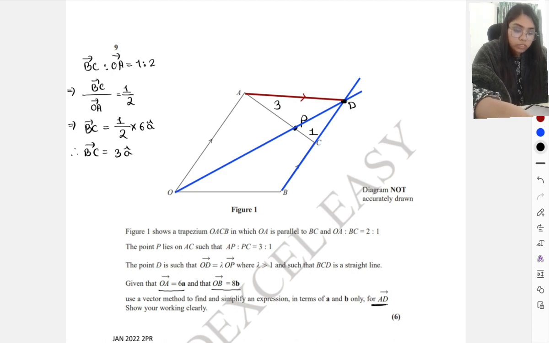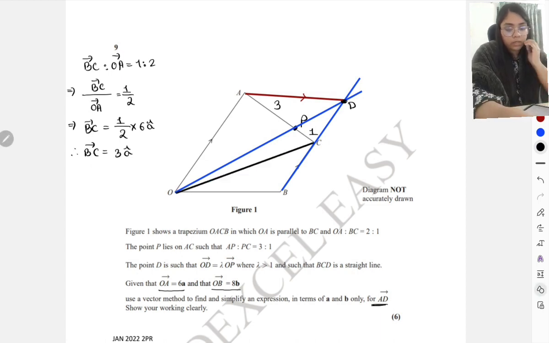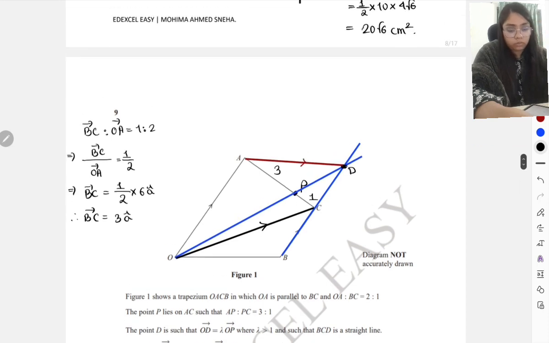We're going to use it again to find the value for AC. I'll just connect the lines over here so that it looks more understandable. And now we have OB and BC, and we can obviously add those together to find a vector. So it's going to be AC is equal to OB plus BC.